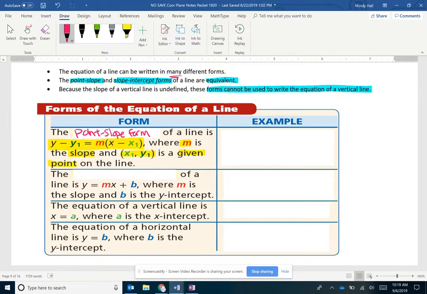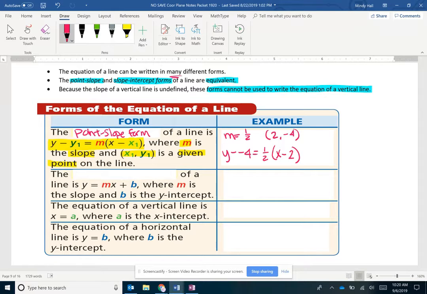So let's just say we knew the slope was 1/2, and we had a point at, let's say, (2, -4). Then you would have y minus -4 equals 1/2 times x minus 2. So it's important to note that this 2 comes from the x. If it's an x value, it's going to be with the x, and if it's a y value, it'll be with the y.